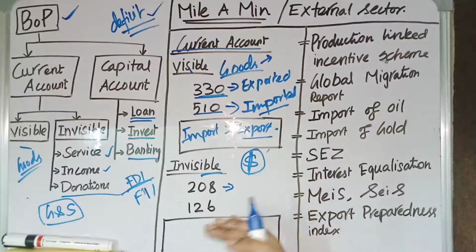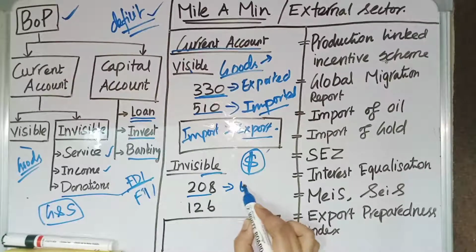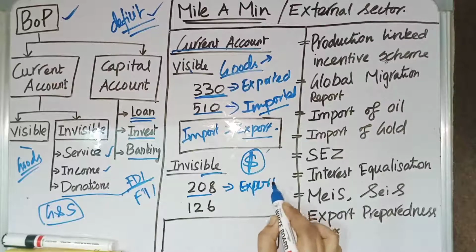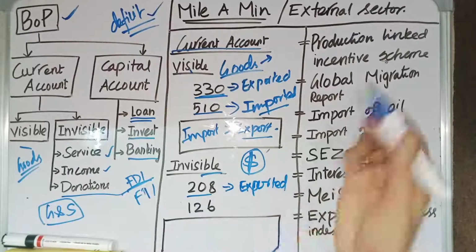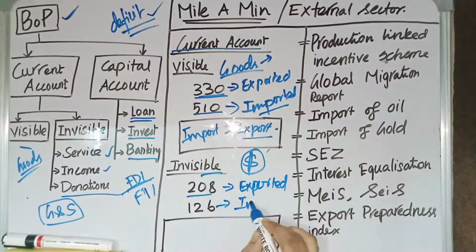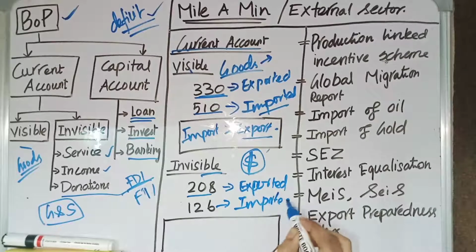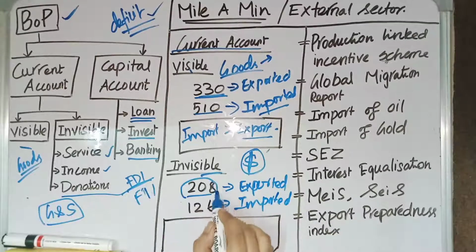Everything comes under this invisible. And under this, 208 is the amount which we have exported, 208 billion US dollars, and 126 is the amount which we have imported.